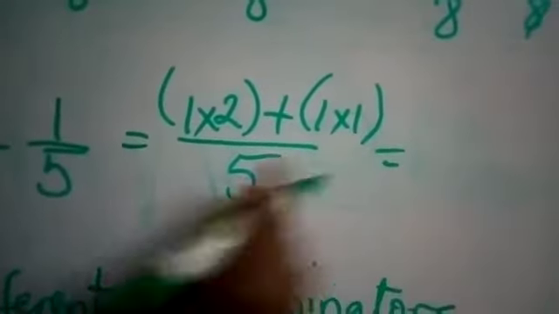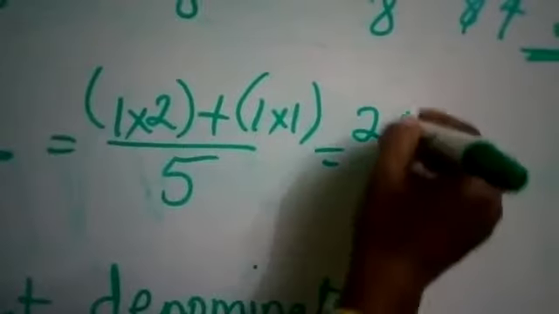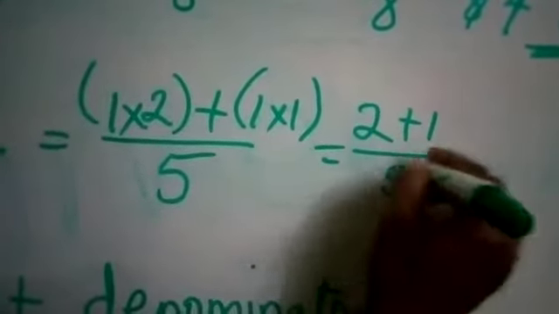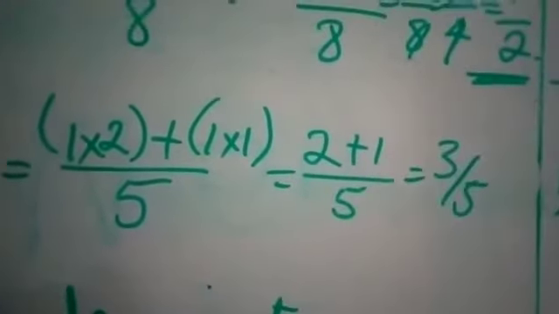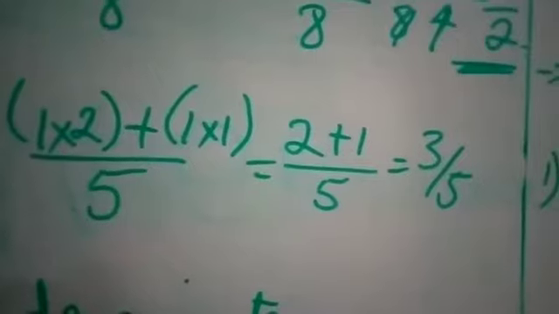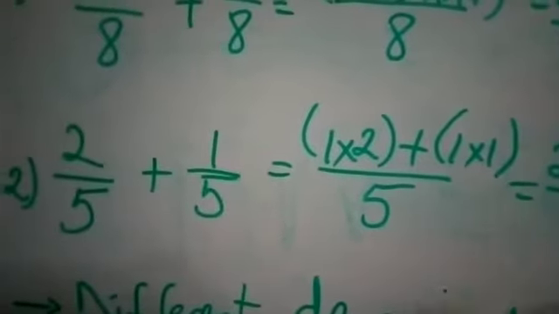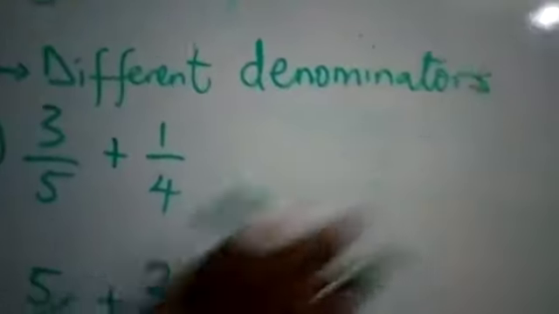Let's solve it out. 1 times 2 will give us 2, the plus sign, 1 times 1 will give us 1 over 5, and that is 3 over 5. Nothing can divide them. No factor can break that down, so that's the lowest fraction we can have there. We go to different denominators.